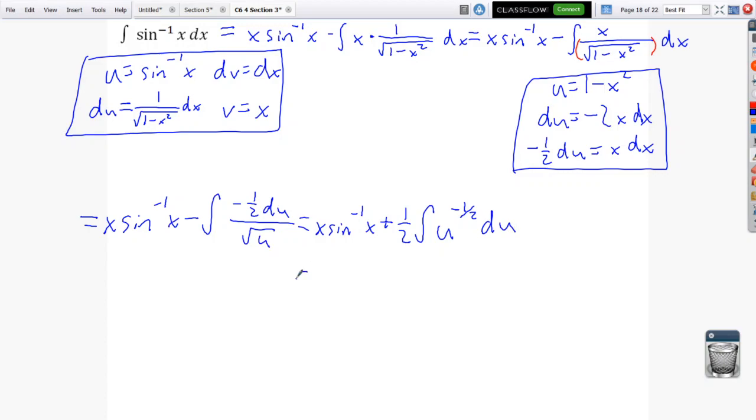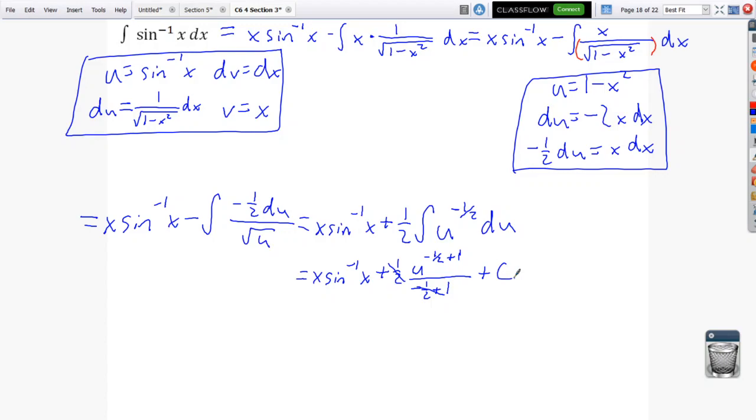So again, first term just carries down. x arcsine x plus 1/2 u to the negative 1/2 plus 1 divided by negative 1/2 plus 1. Well, negative 1/2 plus 1, that's just 1/2, isn't it? Boom, boom. I guess plus c.